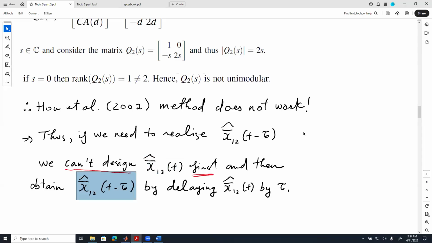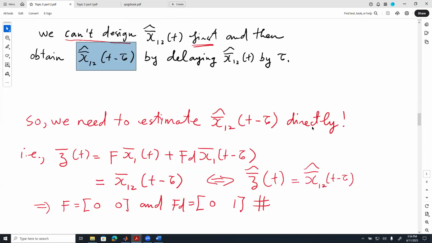So option 1 in chapter 4 is not possible. And so what is the way to go in here? Then we should estimate that generalized functional directly.